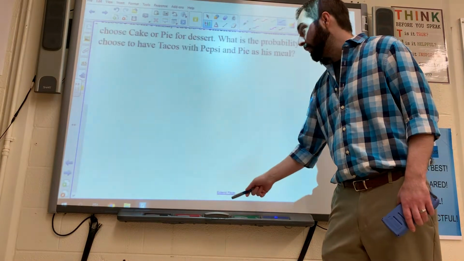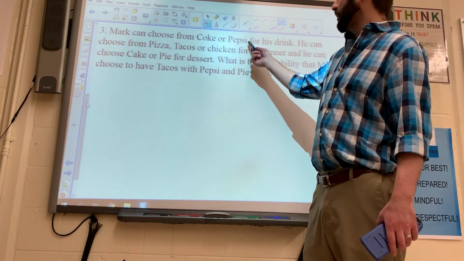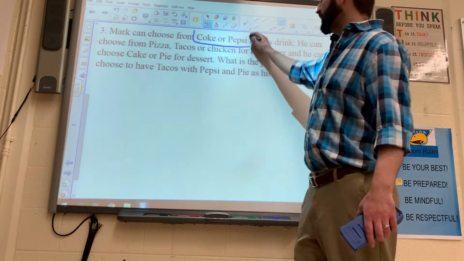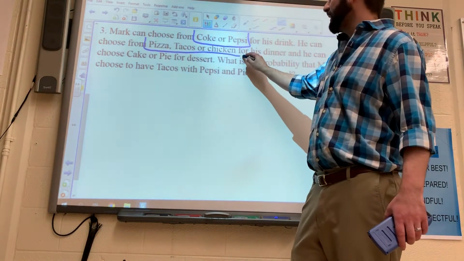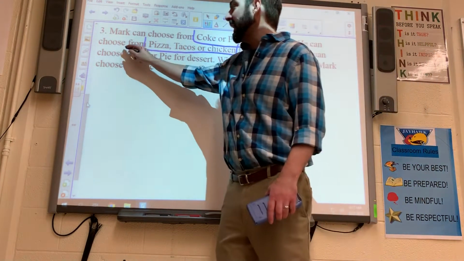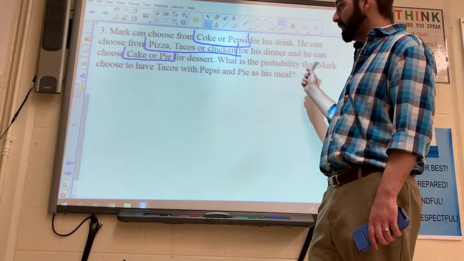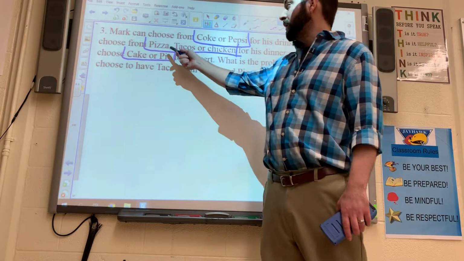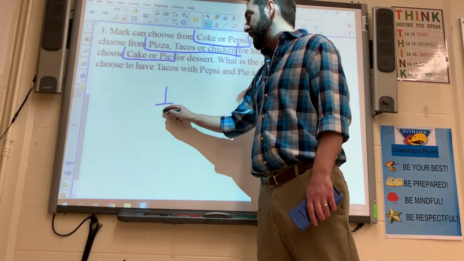And last one, before we get into the graded part of the day, Mark can choose between Pepsi or Coke for his drink. So we have 2 options for a drink. He can choose pizza, tacos, or chicken for his dinner. So he has 3 dinner options. And then he can choose a cake or a pie as his dessert. Well, let's see what kind of problem we're dealing with. What's the probability that Mark chooses tacos? Well, we have 1, 2, 3 choices for entrees, and one of them is tacos.